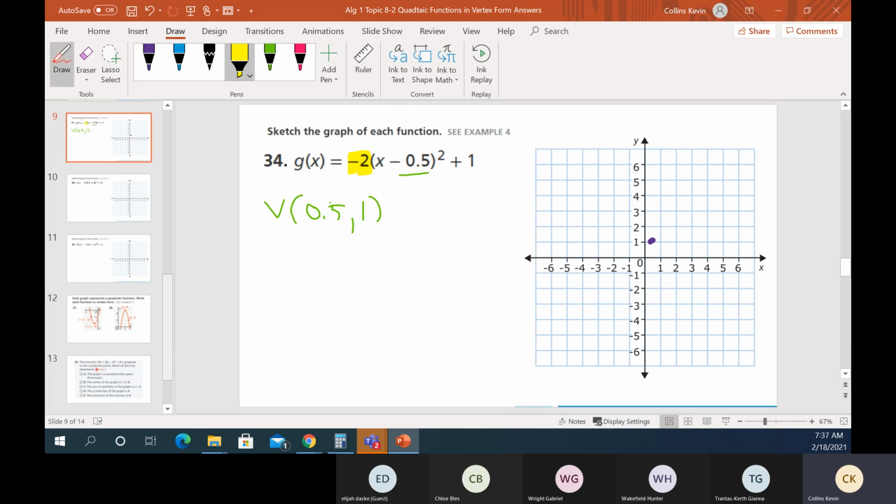So after a while, like I say, you don't even really have to plug in the points because you can look at it and say, all right, well, if I go over 1 here, so that'd be like to 1.5, I'm going to go down 2. So that would be like down to here. Let's go ahead and plug in a point there. All right. And then the same deal, if I go back 1 to -1, I will once again go down to, well, actually, it's -0.5, my bad. It would be down here, like that.